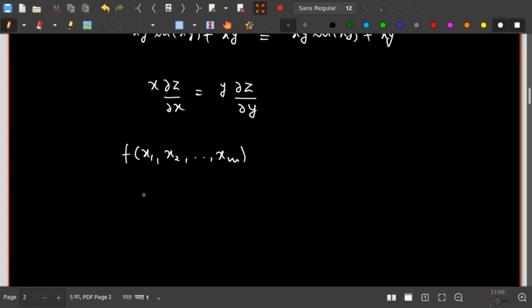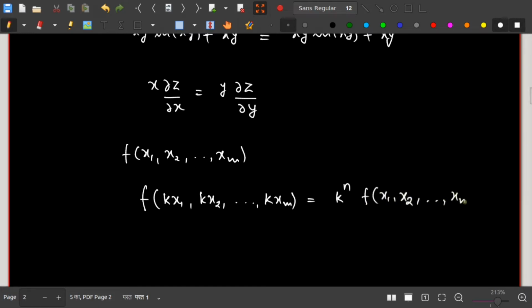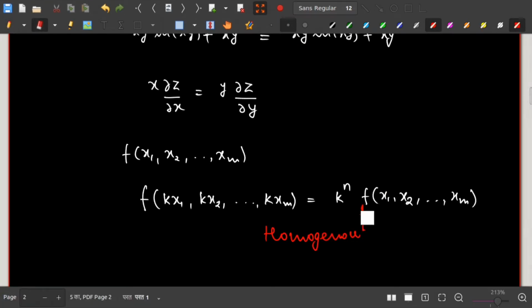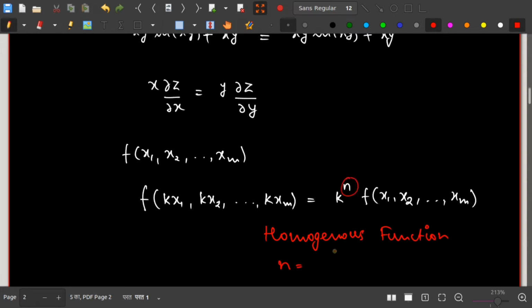If you substitute all these variables by some constant scalar k times the variable, kx1, kx2, up to kxm, and you get k raised to n times the function of the same variables, then such a function is called a homogeneous function. And the degree of homogeneity is n. The power of k, which comes out as common, is the degree of homogeneity.